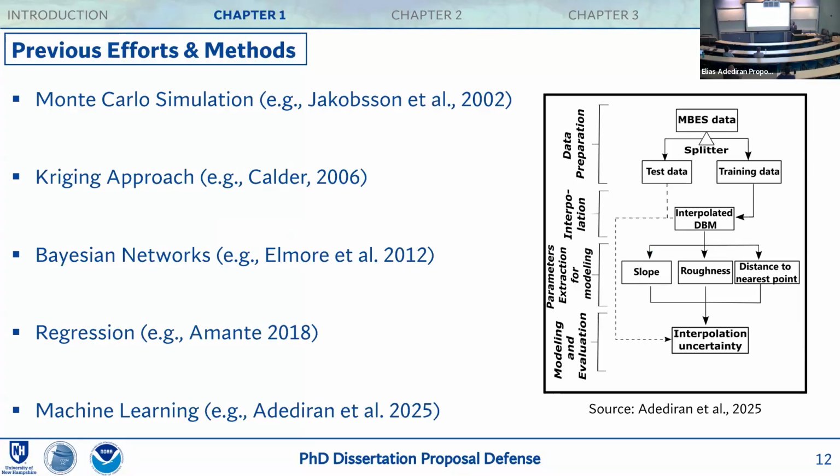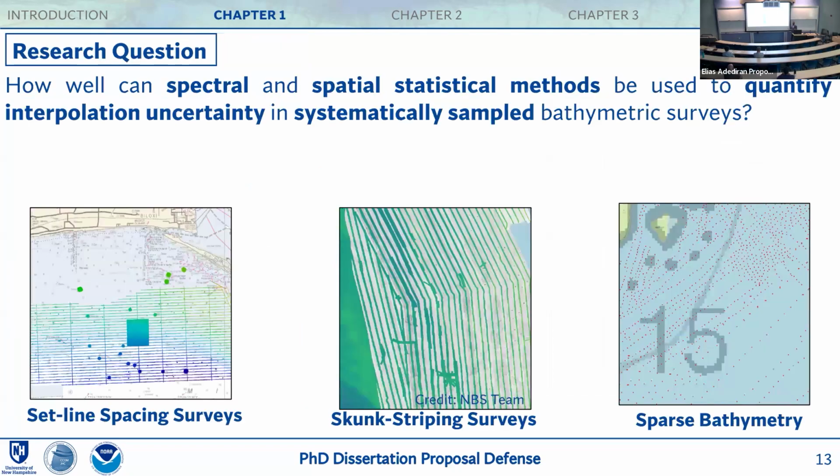We've learned from all of these methods in terms of how we estimate interpolation uncertainty, but no one method has become the dominant operational solution to this problem. And that is why we are all here today still talking about this problem.